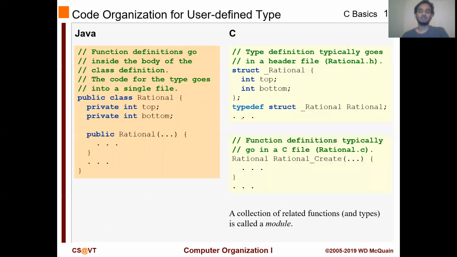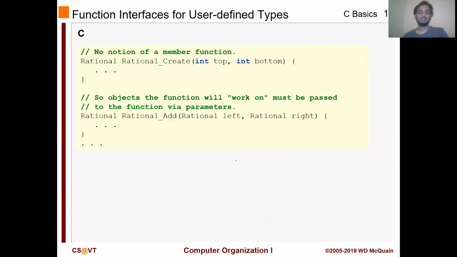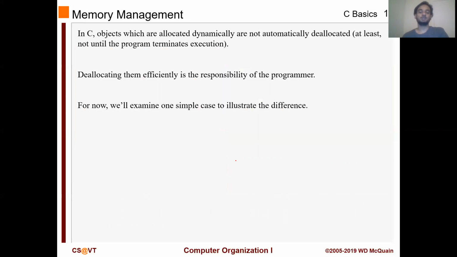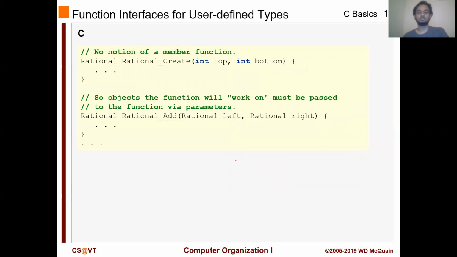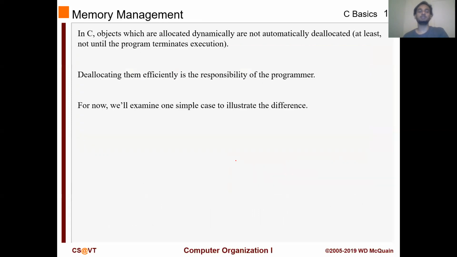Let's take another look at it. Like I said, you already saw it has member functions, but in C, there isn't any member function. It has to be something outside of it. So everything has to be defined separately.